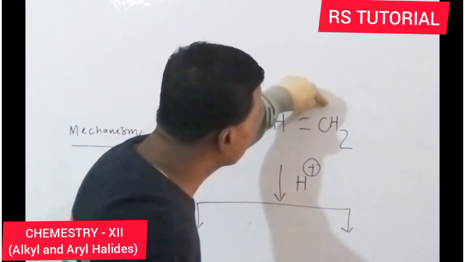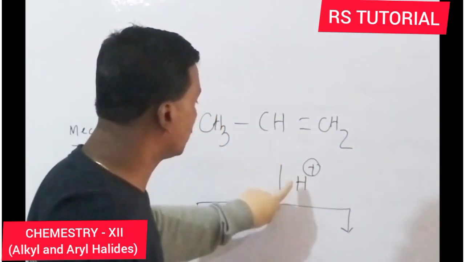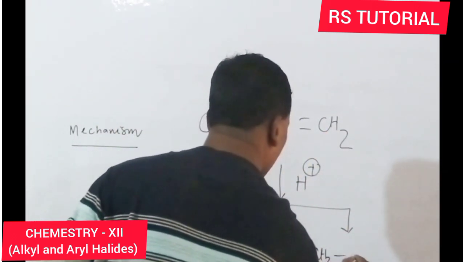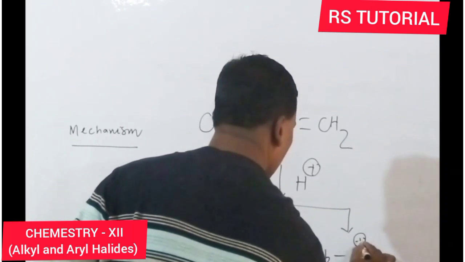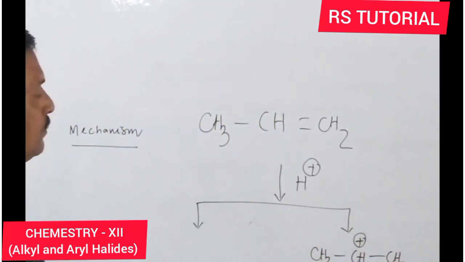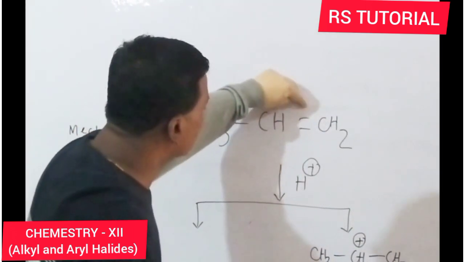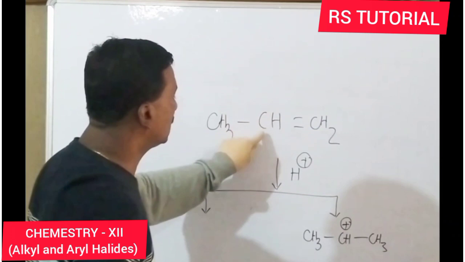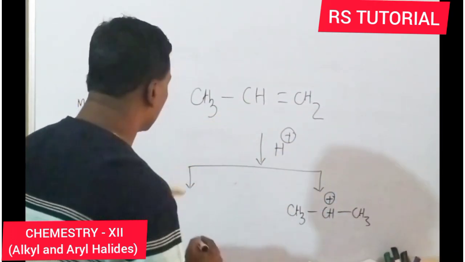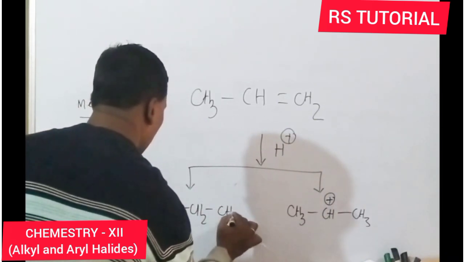If this pi bond is shifted, this carbon is negative and this is positive. Positive will go to the negative carbon, and here you get this carbocation. Another possibility is there. If you shift the pi bond here, this carbon is negative and this is positive, positive will go to the negative. In this case, you get this carbocation.